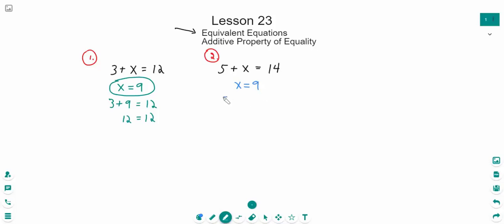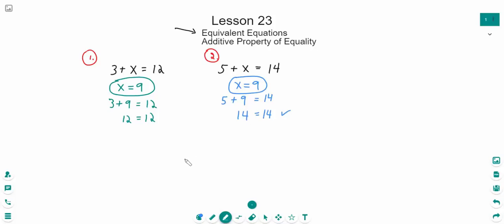Because if I plug that in, 5 plus 9 equals 14. 5 plus 9 is in fact 14, and of course 14 does equal 14, so this is a true equation. Therefore, x equals 9 is our root, or our solution to the equation, right? And again, in fact, it's the only solution for this equation.